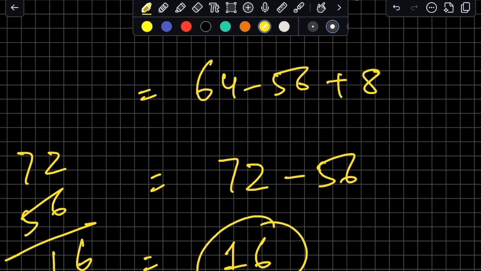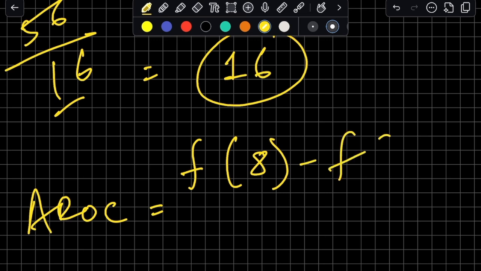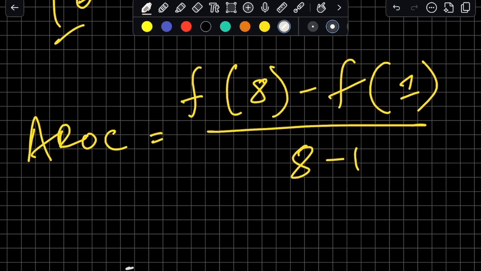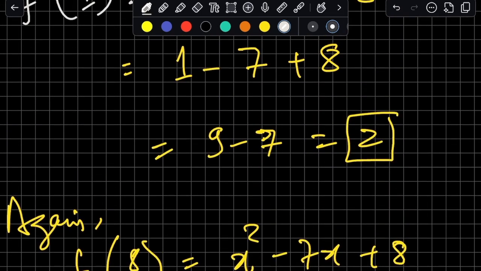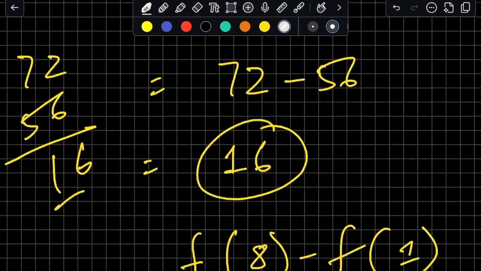So now the average rate of change is f of 8 minus f of 1 divided by 8 minus 1. That is the formula we know. So that's going to be 16 minus f of 1. See, f of 1 came out as 2.